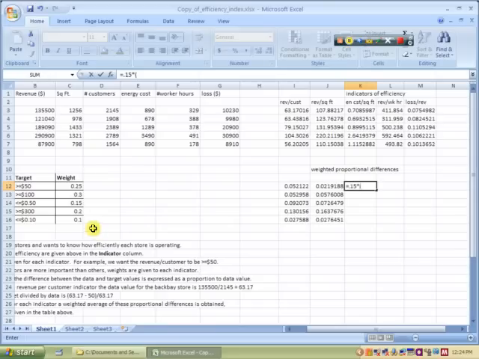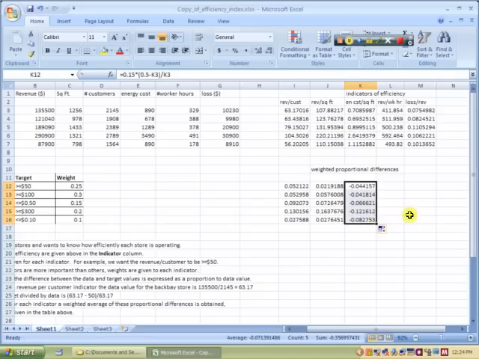Now we're going to say target minus data. The target is under 50 cents, so 0.5 minus the data, which is this, and then divide that by the data, and drag that on down. I'll show you where it says that in just a minute.